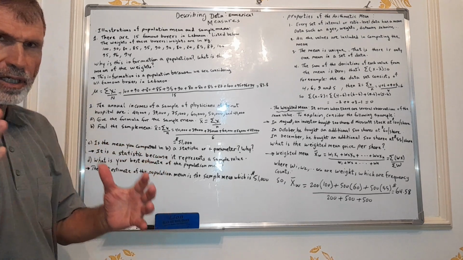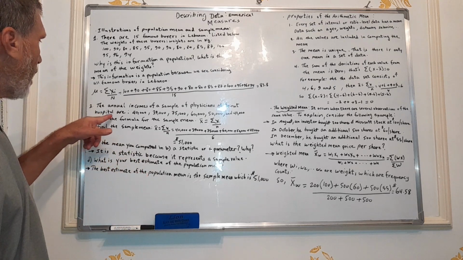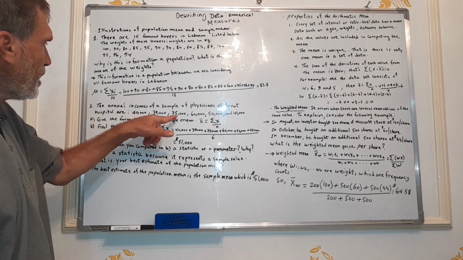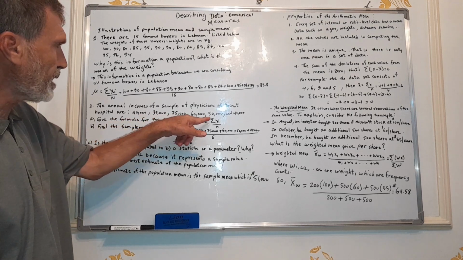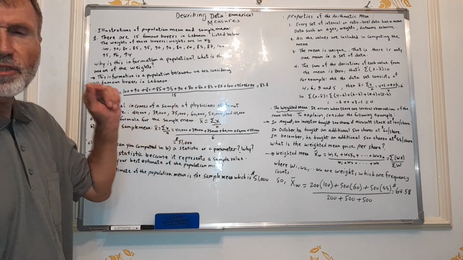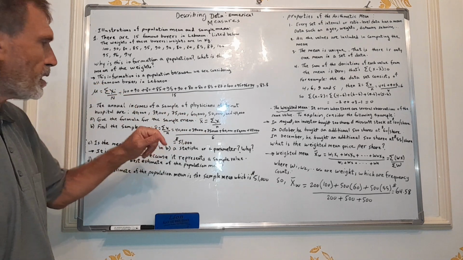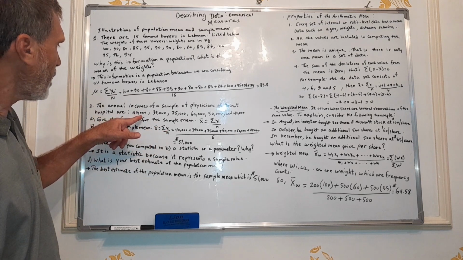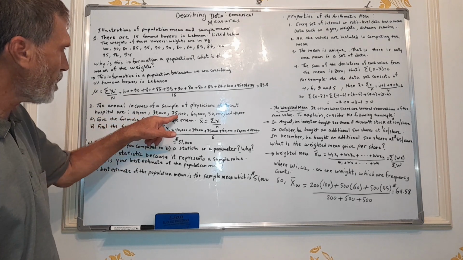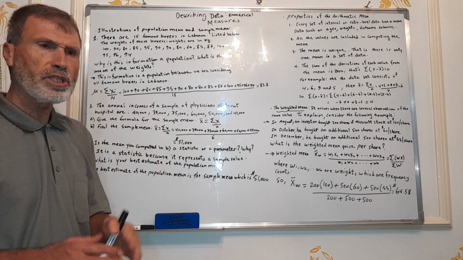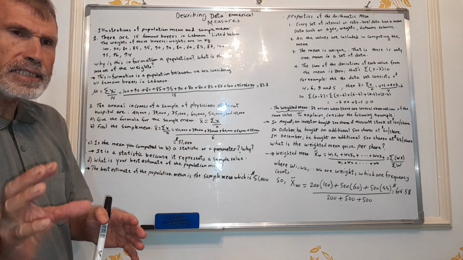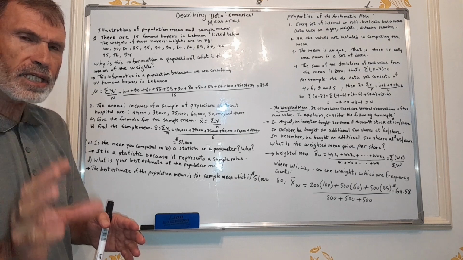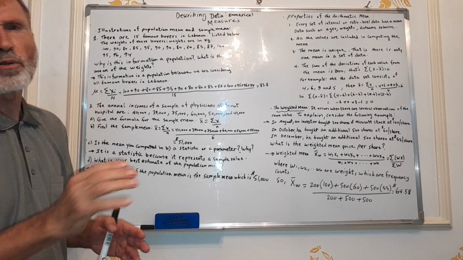So here we are talking about this sample. These are the incomes of a sample of physicians in Beirut Hospital. We have how many incomes? 1, 2, 3, 4, 5, 6. So we just took 6 incomes of 6 physicians in Beirut Hospital.